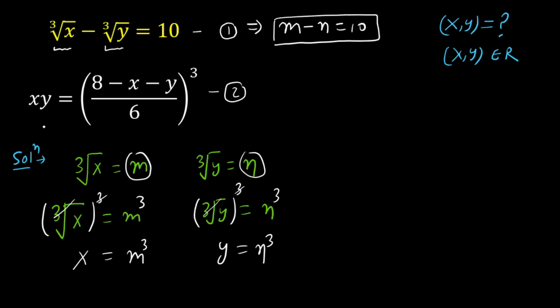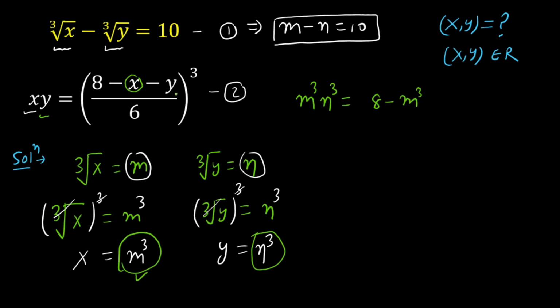And x is replaced by m power 3, y is replaced by n power 3, so m power 3 times n power 3 equals 8 minus m power 3 minus n power 3, divided by 6 bracket whole power 3.